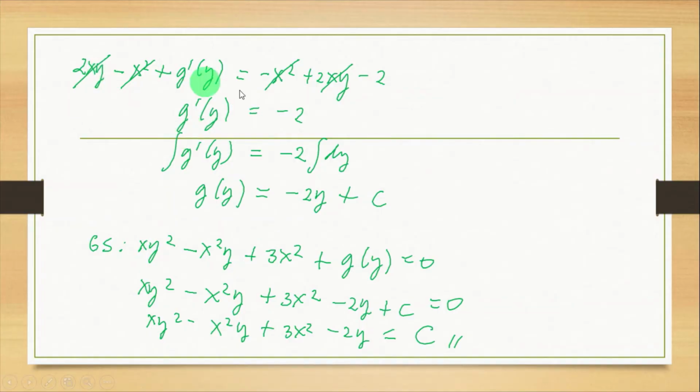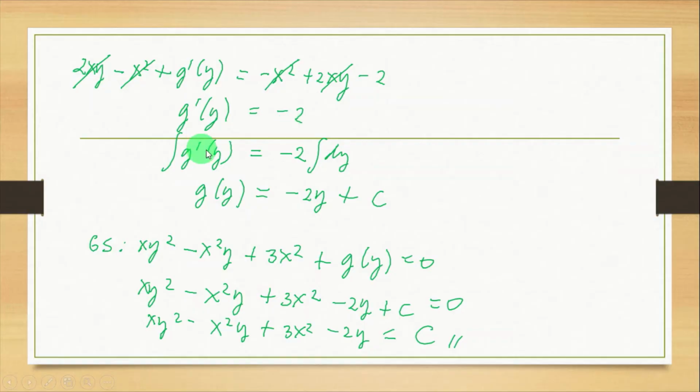You have 2xy on the left side of the equation, as well as on the right side, so you can cancel that out. Next, you have your negative x squared on the left side, and you can also find negative x squared on the right side. You can cancel that out. You are left with g prime of y is equal to negative 2.